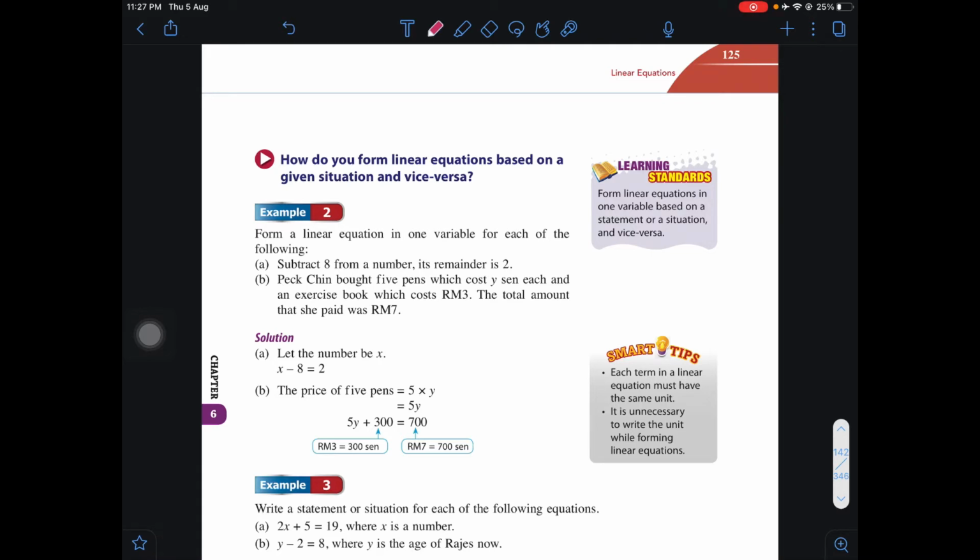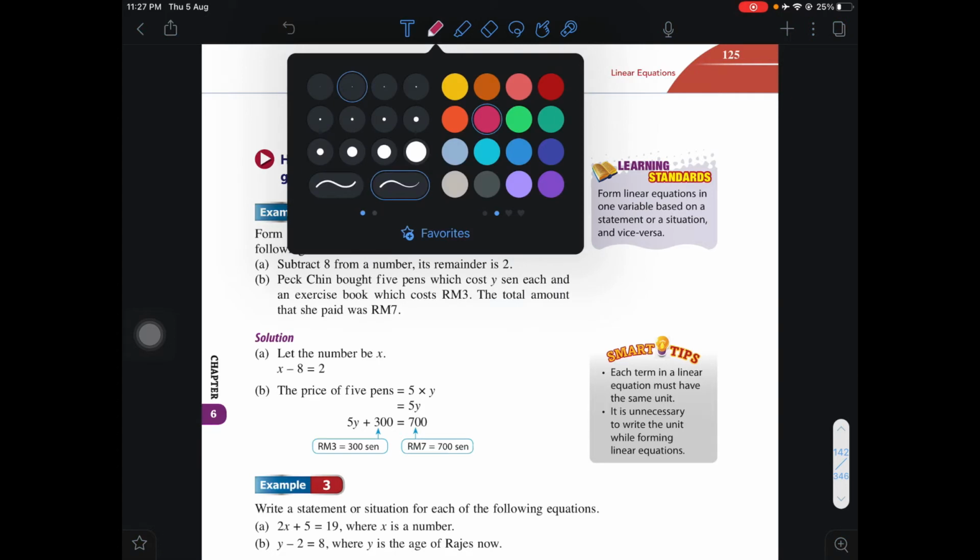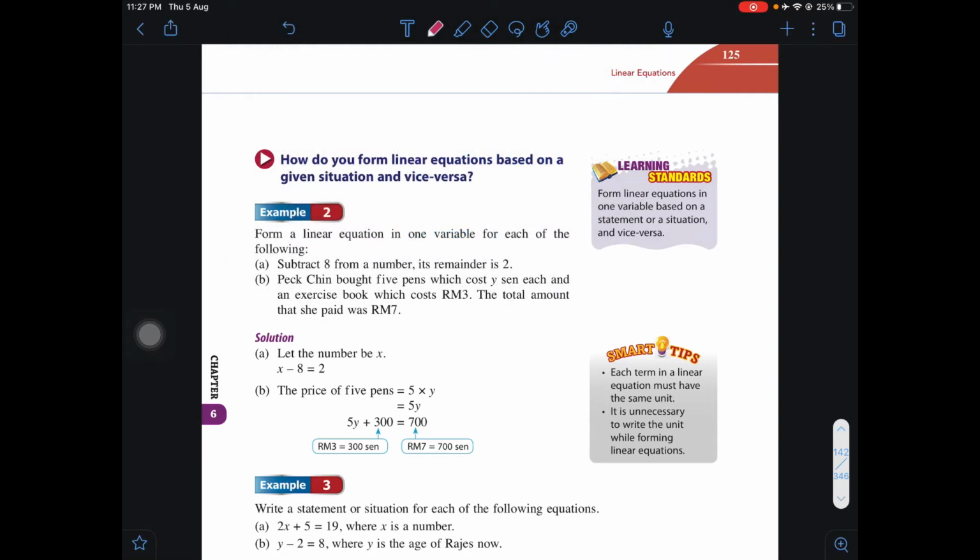So A, subtract 8 from a number and its remainder is 2. Okay, a number. You need to subtract 8 from a number and the remainder is 2. But you don't know what the number is. So the number is unknown.